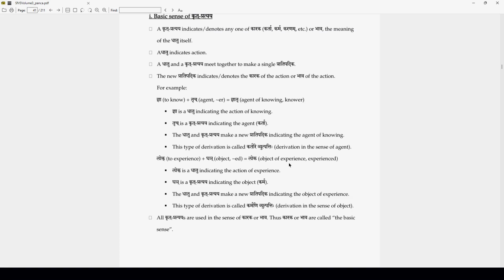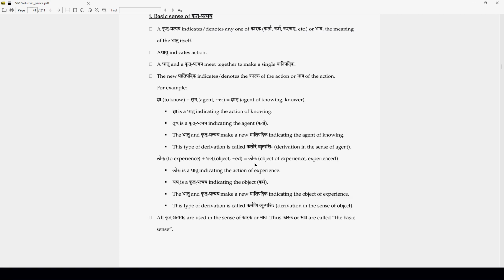Now, the Kridanta examples we saw, like Rama. When we generally say Rama, we don't see that as a Kridanta shabda. But here you see Loka. This is similar to Rama. Loka plus Ghai. Ghai is one of the Krit pratyayas.